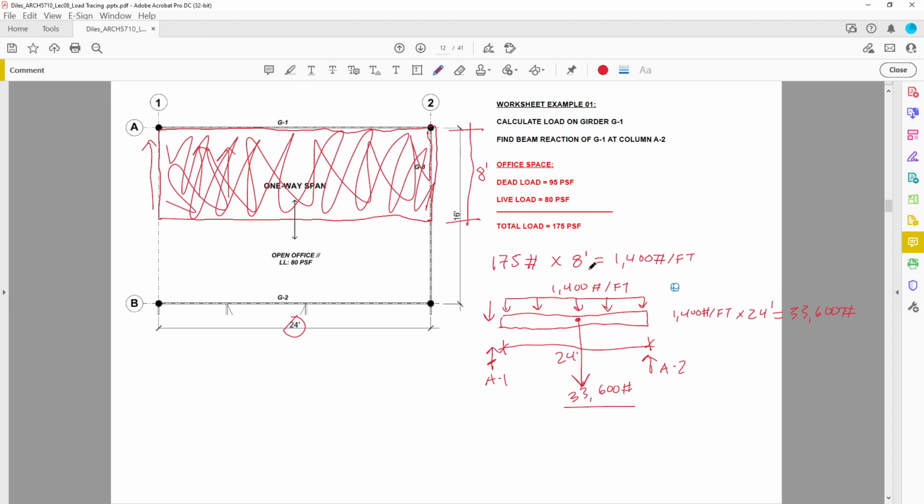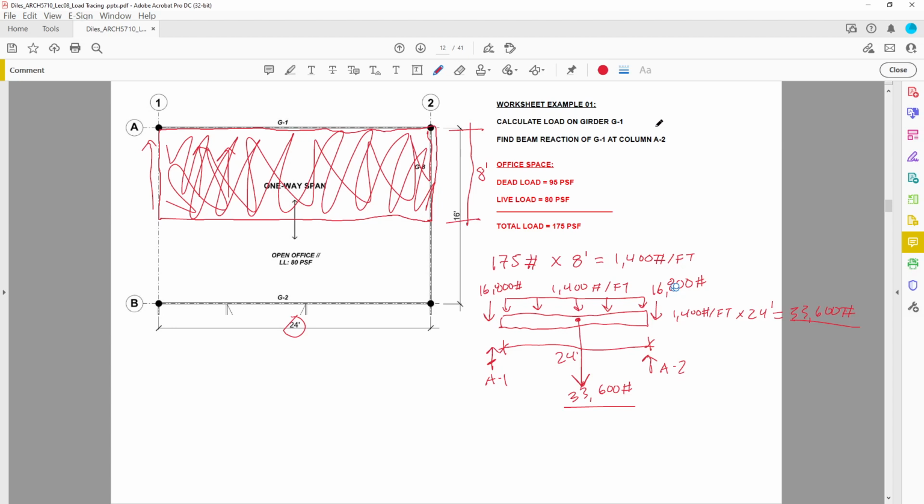And so we know that one half of the load is going to be going to this side, and one half of the load is going to be going to this side. So what is half of 33,600? That is going to be 16,800 pounds. And that's the load that is being delivered to either side of the beam.